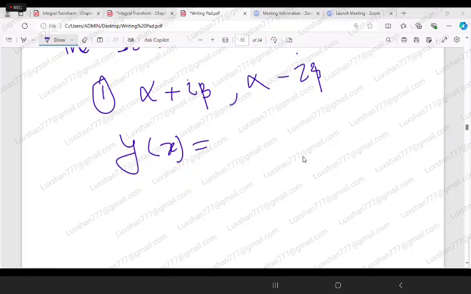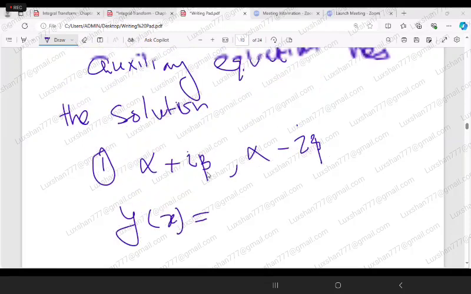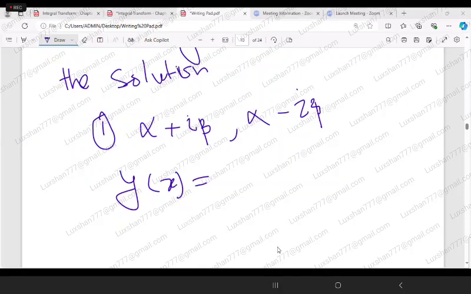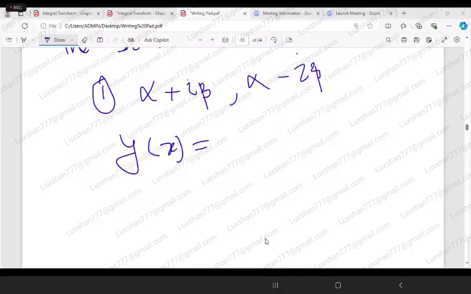Second order equation. What is the solution if the auxiliary equation has these two solutions, alpha plus i beta, alpha minus i beta? So what is the complementary function? x equal alpha plus i beta, x equal alpha minus i beta.